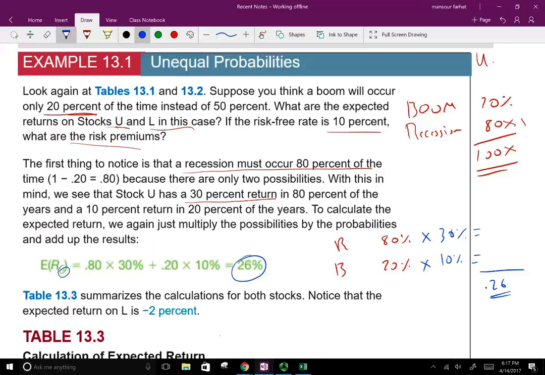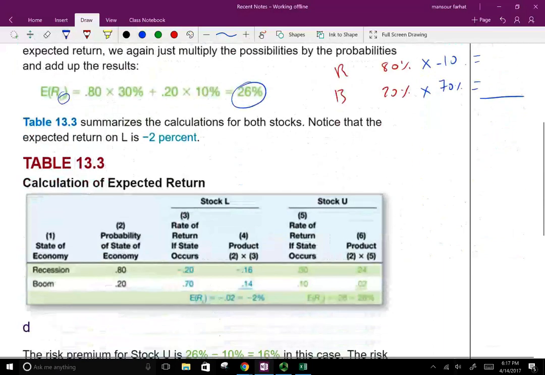Now you could do the same thing for stock L. Remember that in a recession, stock L will have a -10%, and in a boom, it will have 70%. Actually, we have the summary here.